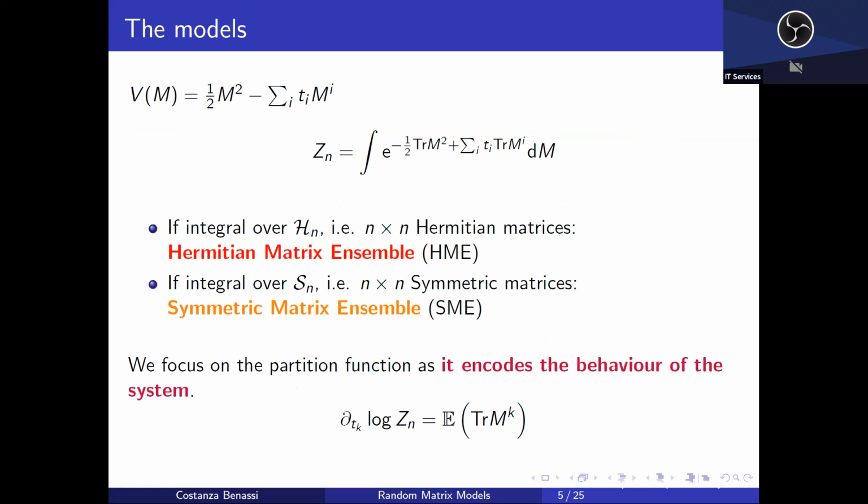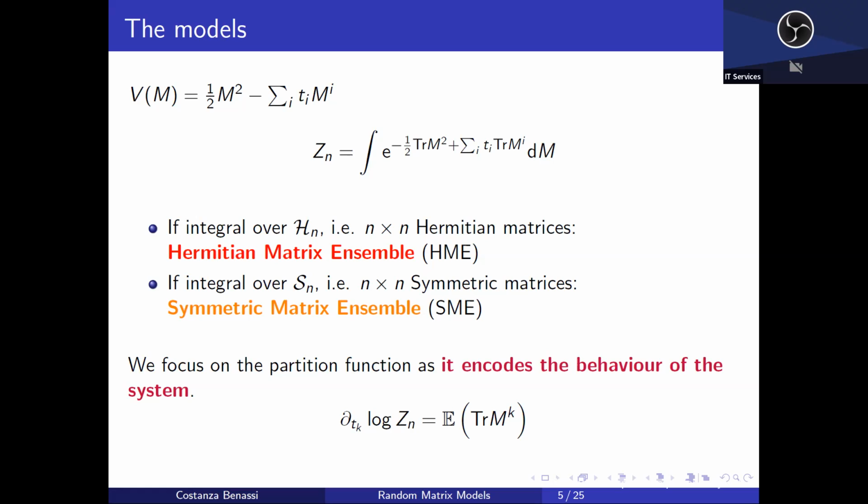So you would have, as I was saying, a polynomial. Usually we fix a coefficient for the M squared term, 1/2 M squared, but then we modify it slightly, we deform it slightly by introducing a sum of powers. And these t_i here are parameters that I can play around with and modify and see what happens to the model. For the time being, I'm going to call them coupling constants. Your partition function then takes this form.